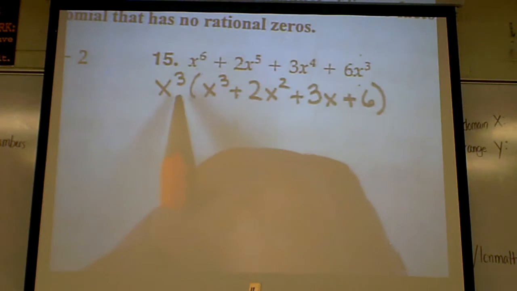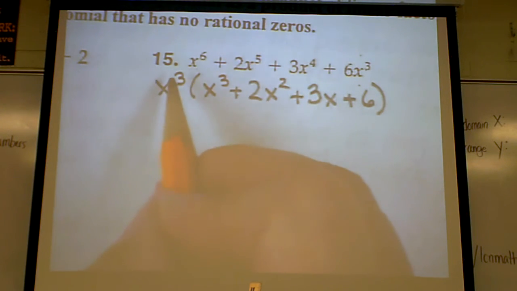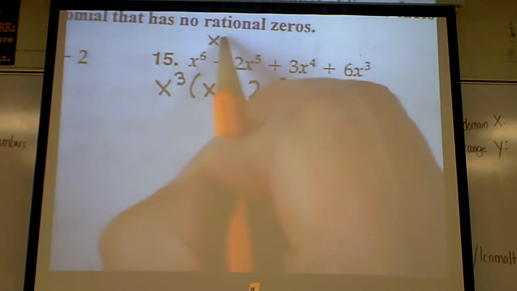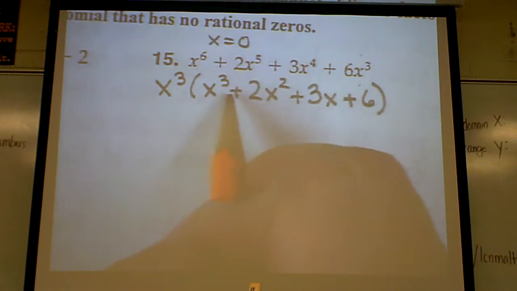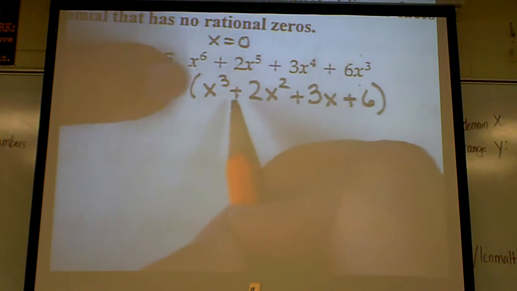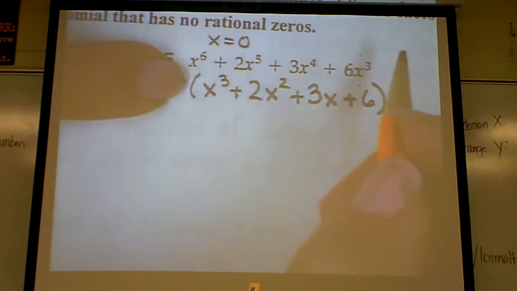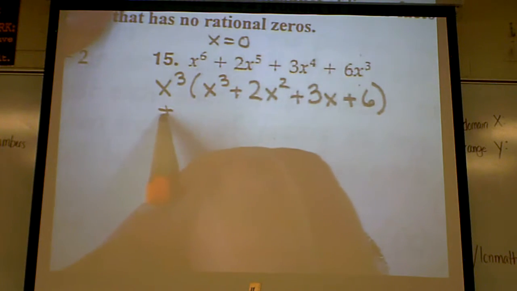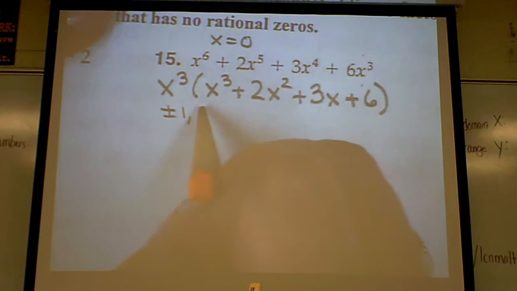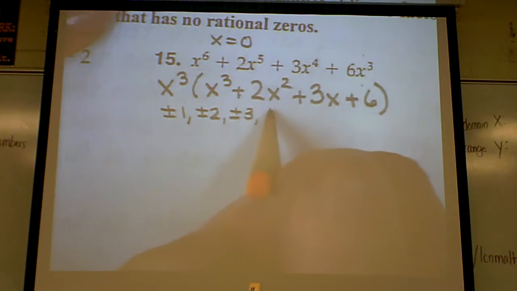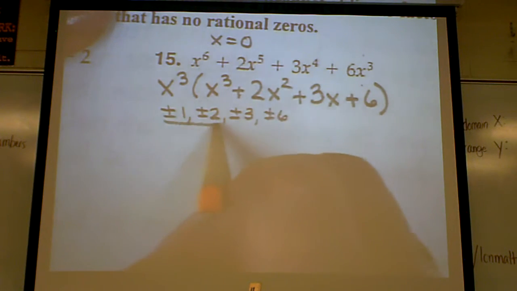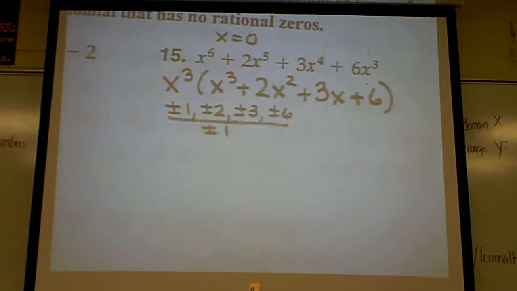So we've got three of our zeros accounted for, which is 0. So one of the zeros so far is 0, right here. Now, there's 3 more we gotta find. So what are you gonna do? You're gonna try factors of 6 over factors of 1, which you know will end up being just these numbers.